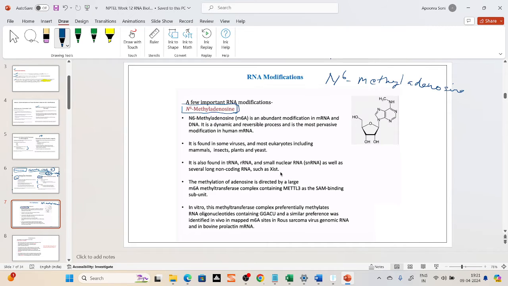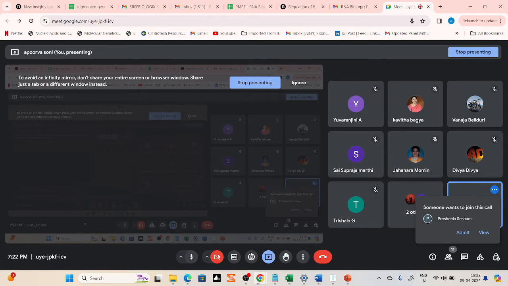That means at the sixth position, at the nitrogen at the sixth position, a methyl group is added and it becomes methyladenosine. So this modification is nothing but the methylation of adenosine.